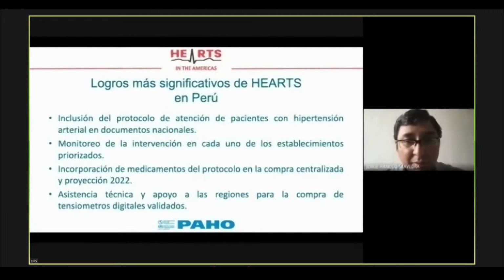And also, during 2019, when we implemented this initiative in the country, we reached several milestones in technical assistance and support for the purchase of validated digital blood pressure monitors.